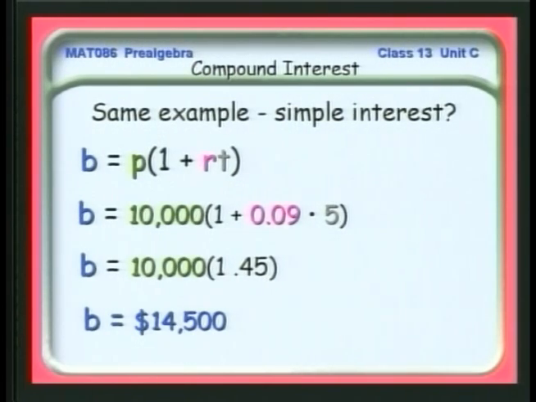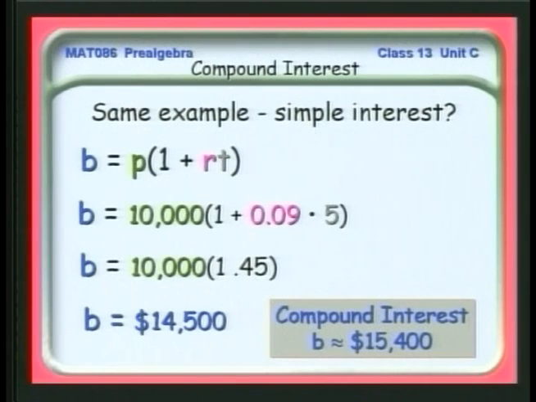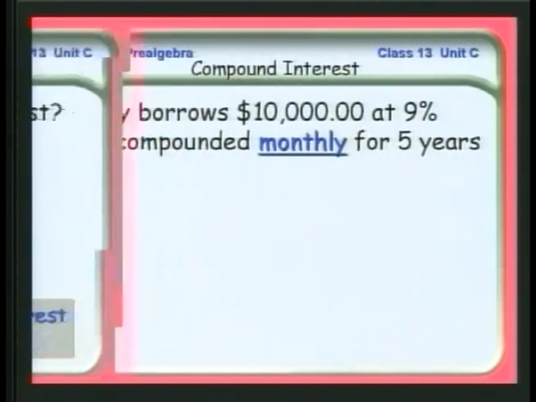Let me remind you, if we did compound interest compounded yearly, the final balance is $15,400. That's a $900 difference. It's reasonably considerable. Compound interest is much more powerful than plain old simple interest.